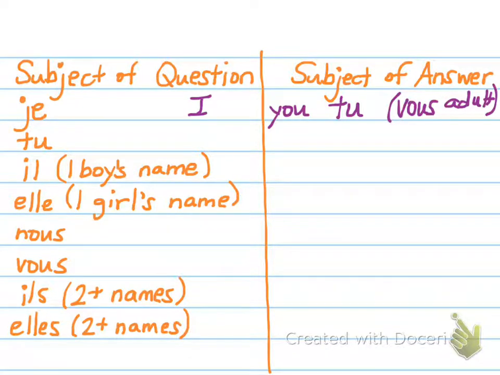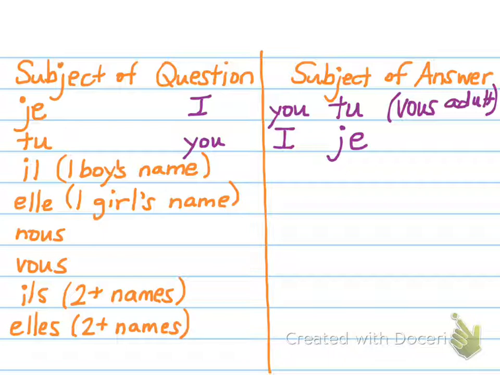Okay? So, those are pretty weird questions, but you questions are pretty common. Do you live in France? No, I do not. So this is because you're talking to one person. It's always going to be an I, which is a je. So if you have a you question asked to you, your answer should be a je answer.